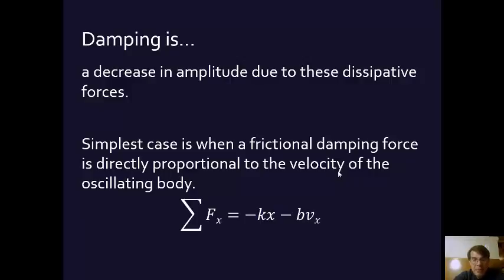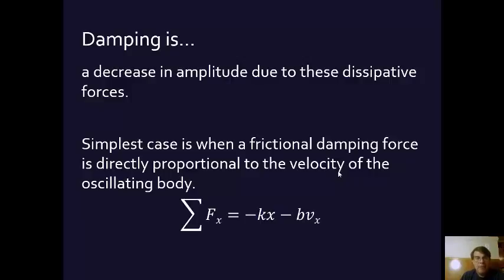But with damping, you have this other force, bv, which is some damping constant b times the velocity of the x. We take the negative kx of the simple harmonic motion and subtract this damping force proportional to the velocity, bv, and that gives us the sum of the forces on whatever it is that's oscillating.